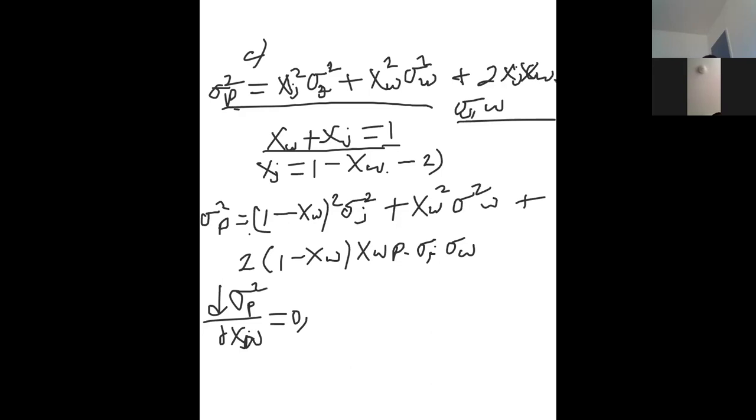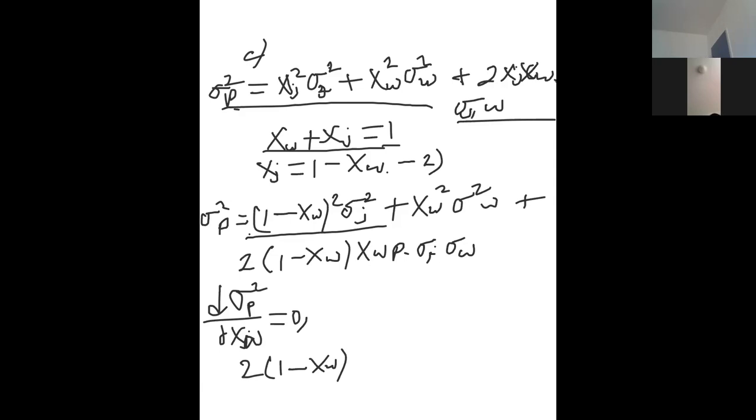Now look at something. Let's look at the first component, which is this one. If I'm differentiating this with respect to XW, this is in brackets and it has an exponent of 2, so the 2 will come down, then I'll have 2 into bracket 1 minus XW. Then you subtract 1 from the exponent again, so the exponent will be only 1, and once it is 1 in mathematics, there's no point in writing that.